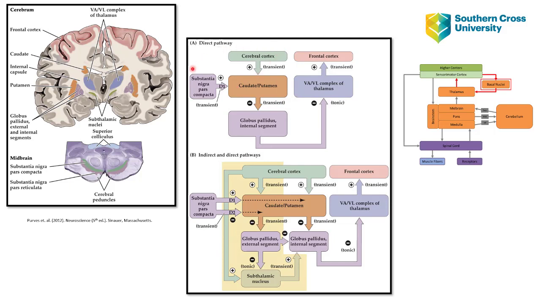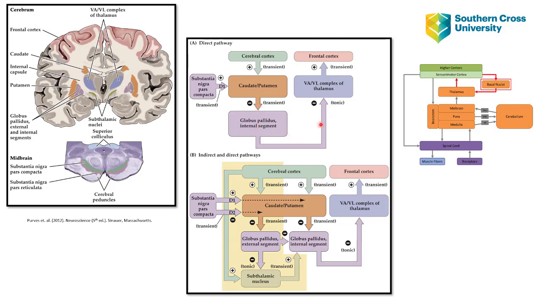We've got to go right back to the start. What you'll notice is that substantia nigra and the cerebral cortex itself have large excitatory inputs onto the caudate and putamen, the striatum, which are the two orange ones here. So if we're driving excitatory inputs onto the caudate, the caudate and the putamen then inhibit the globus pallidus.